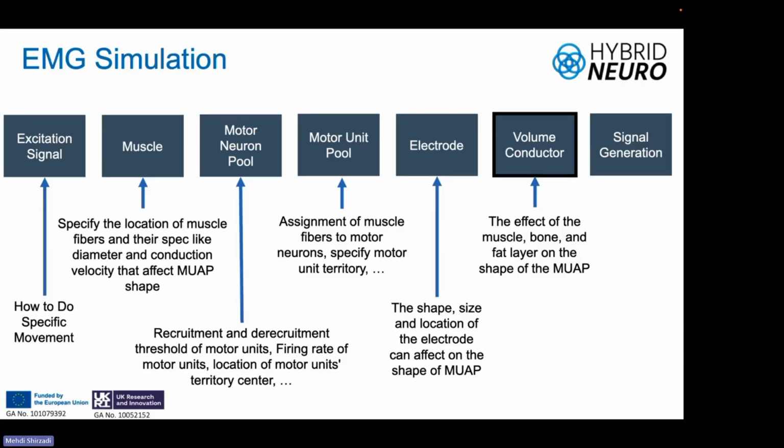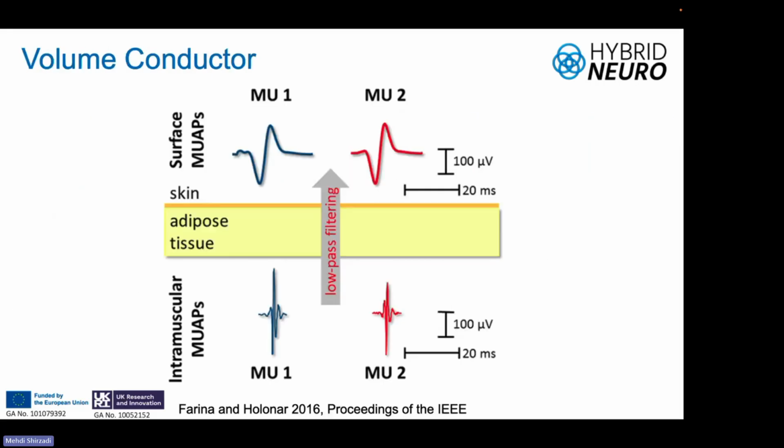Another thing that we need to consider in our simulation is the volume conductor. Imagine we recorded these two motor unit action potentials from the intramuscular recording. You can see that they are really different from each other. They have different shapes, and we can classify them easily by eye.